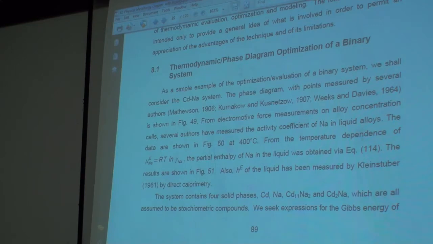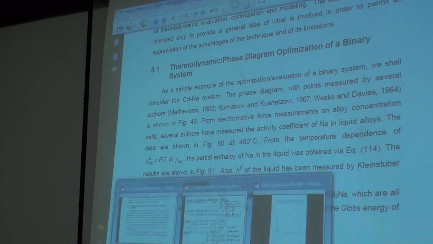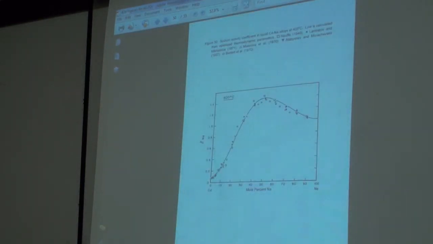Okay, from the temperature dependence of the activity coefficient, the partial enthalpy was obtained via equation 114, which is the Gibbs-Helmholtz equation. What is being done here is that gamma sodium has been measured at different temperatures, and from d log gamma sodium over d(1/T), that is, d(G^xs/T)/d(1/T), you get H^xs.